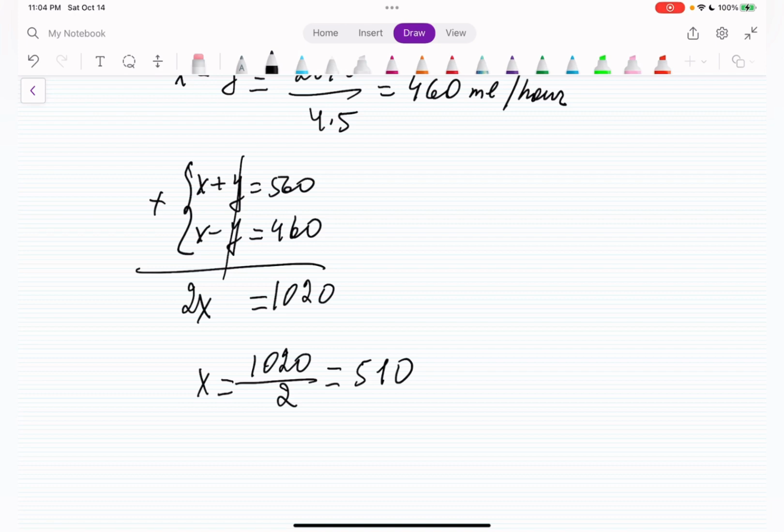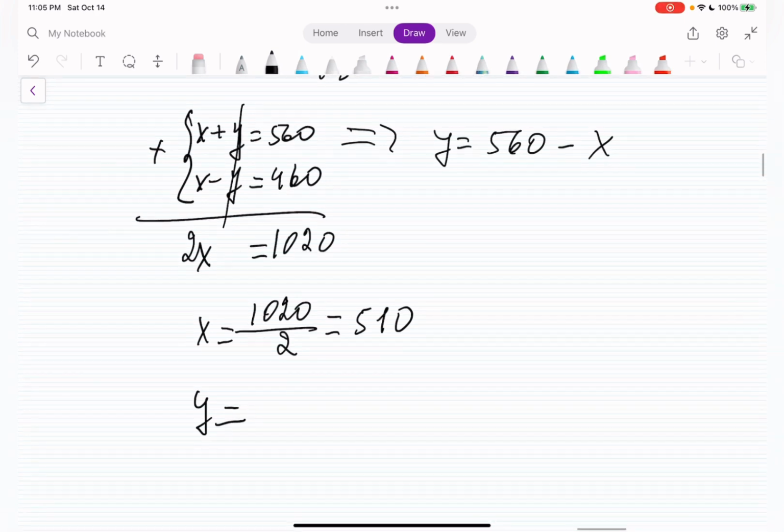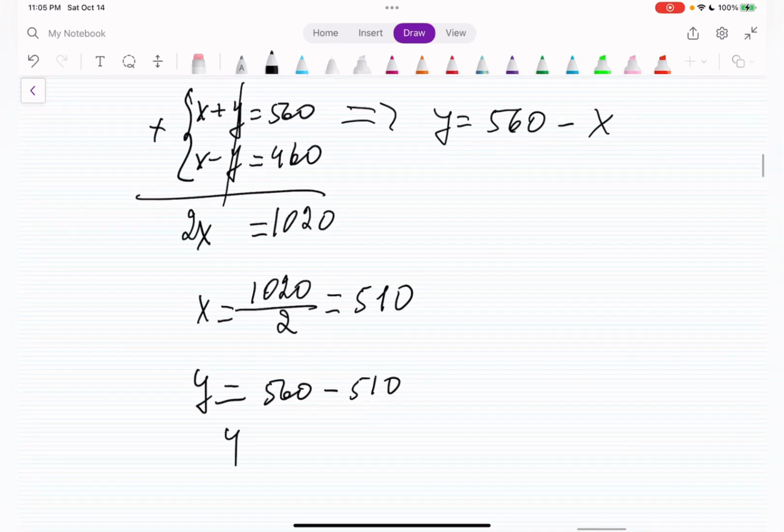Okay, so 510, this is going to be the speed of the plane in still air. And y is going to be equal, let's say from here, my y is going to be equal to 560 minus x, right? So 560 minus 510, and y is equal to 50.